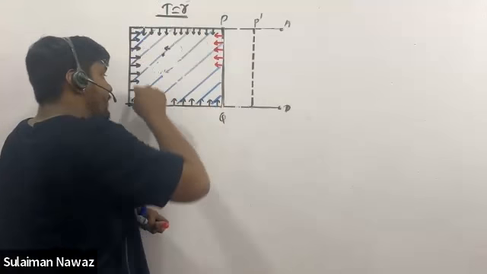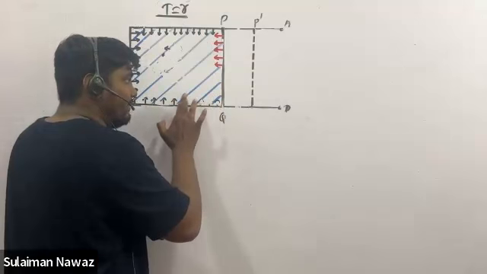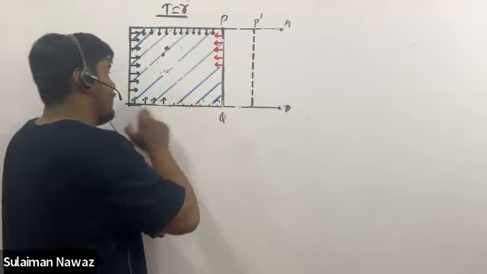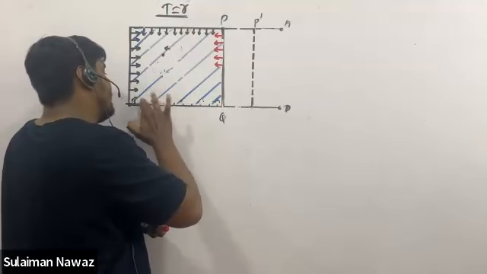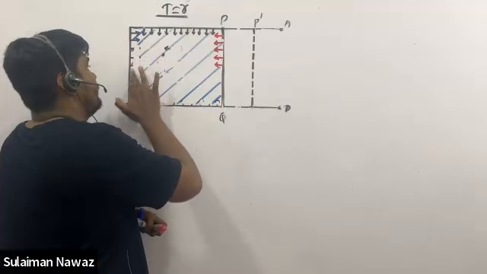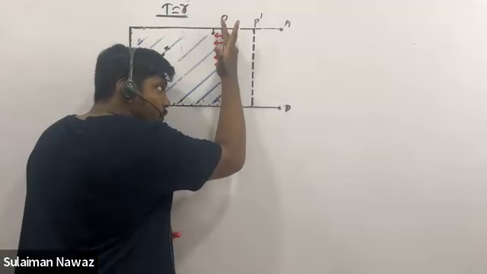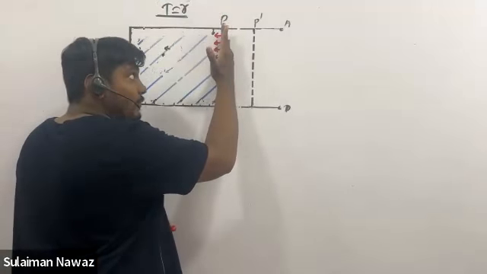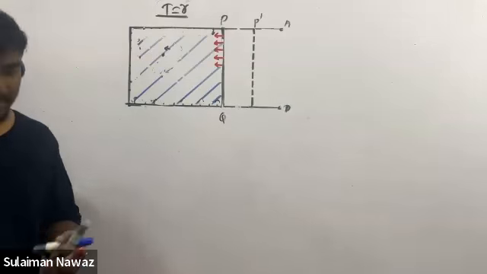But as these wires are fixed, we don't discuss surface tension forces on them. But we are going to move this PQ wire, therefore we only mark the surface tension forces on wire PQ.